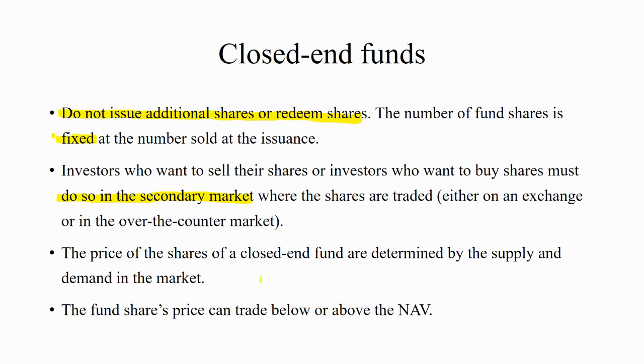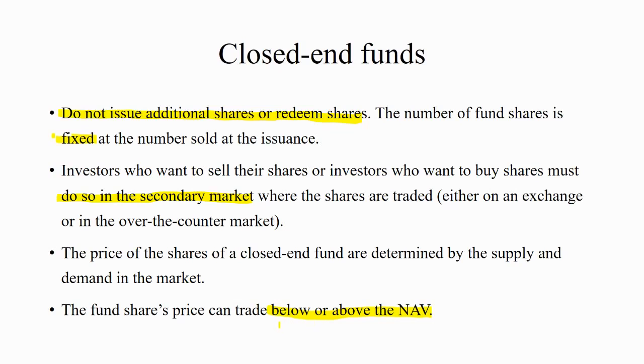Since the price may change based on supply and demand, the fund's share price can trade either below or above the NAV. That means the NAV will be calculated only once. Afterwards, the shares are traded in the secondary market, so the share may trade below or above the net asset value.